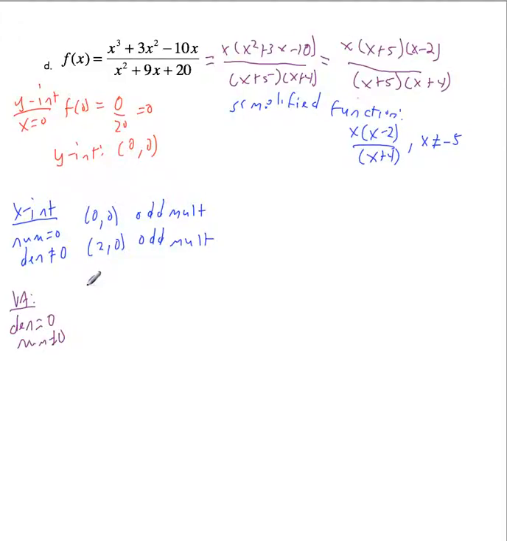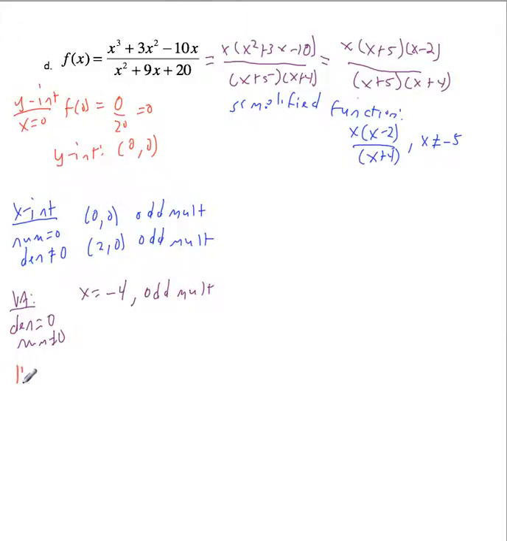Here we're going to have a vertical asymptote at x equals negative 4 coming from the factor x plus 4, with odd multiplicity. The factor x plus 5 does not give us a vertical asymptote because x plus 5 is a common factor to the numerator and the denominator. So in this case, we just have one vertical asymptote.